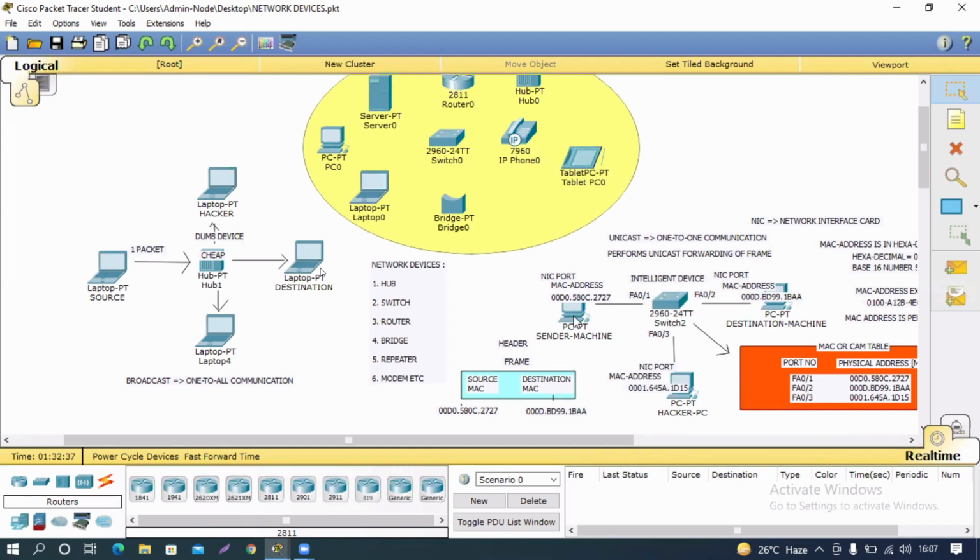If we want to send a frame or any information from this machine to that machine, the switch delivers our information to that machine only. It doesn't go to the other machines. It always delivers to the correct destination, because this table always tells the switch where exactly it has to deliver the information.